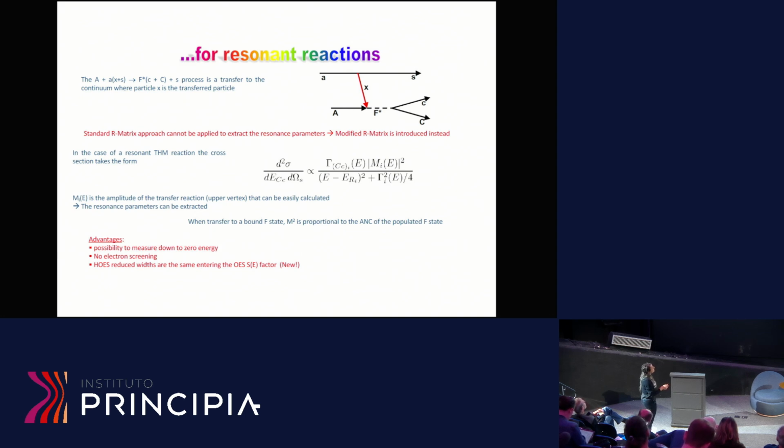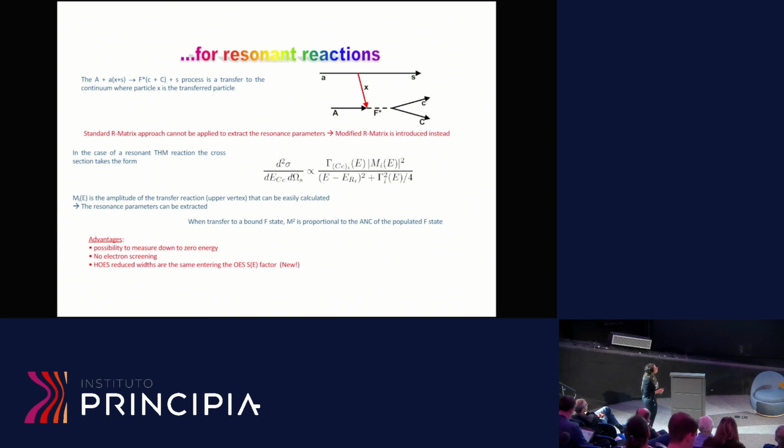This is really a transfer to the continuum, because you are populating a state which is above the threshold, and then it decays, and you can observe its decay. Usually resonances are treated with R-matrix, but you cannot apply the R-matrix in this case because of this off-shell nature.